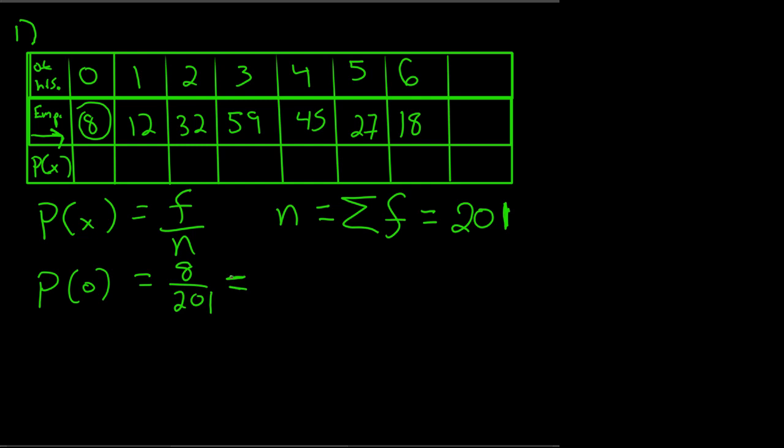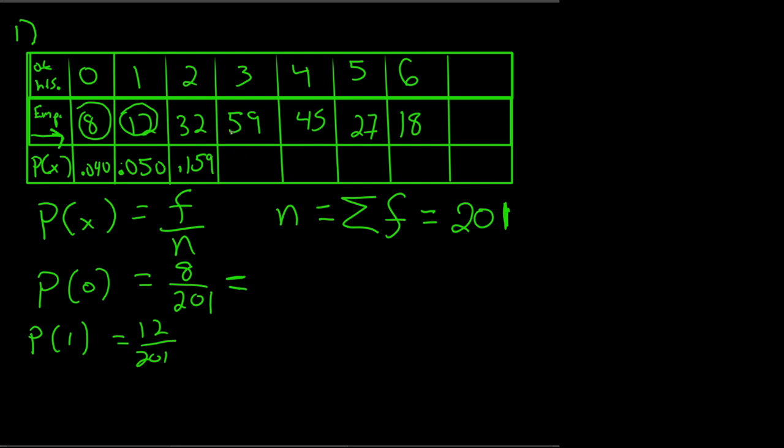They said to 3 decimal places, so I got 0.040 when I rounded. Then I take 12. The probability of 1 is 12 over 201, and I plug that into the calculator and I got 0.050. And I continue. 32 divided by 201, I get 0.159.